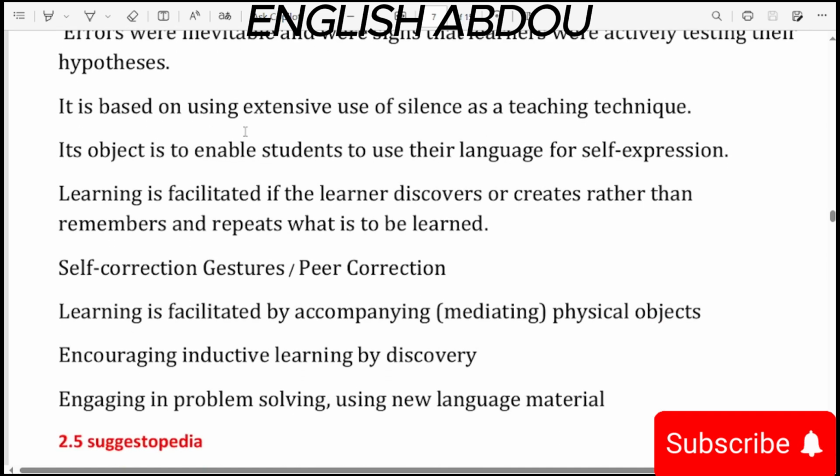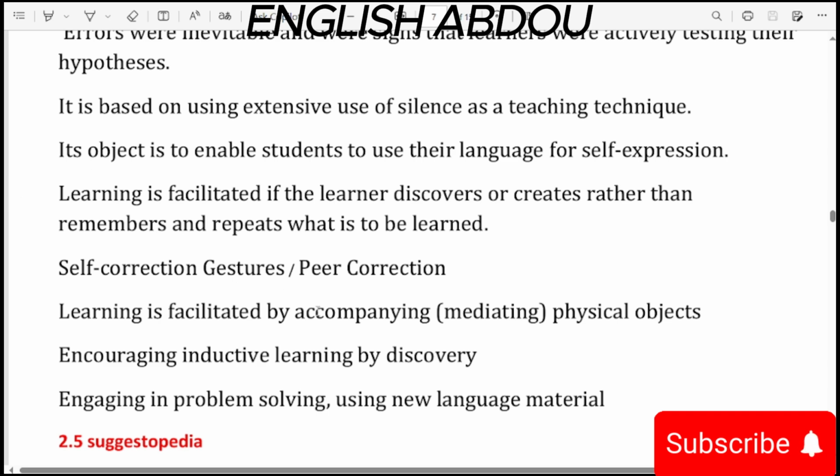Its object is to enable students to use their language for expression, because we need students to express themselves. Learning is facilitated if the learner discovers or creates rather than remembers and repeats what is to be learned, because the aim is based on Chomsky. So we need to create something which is ours, not the teacher's.